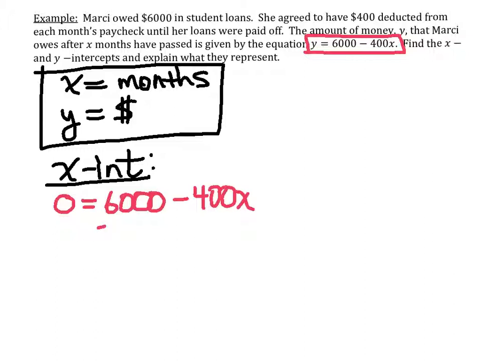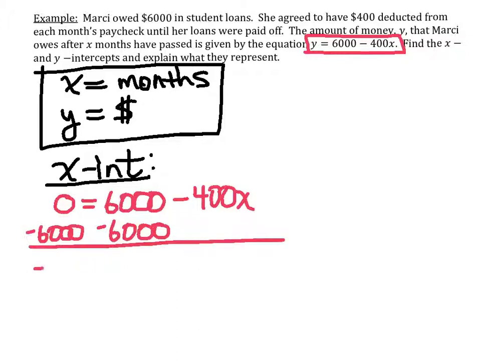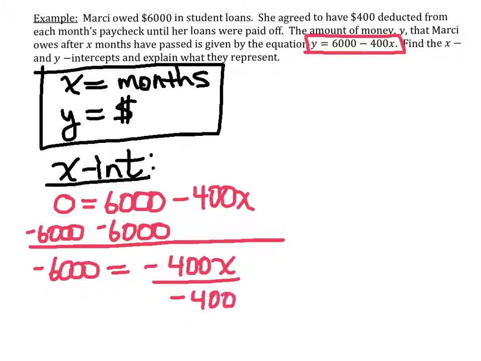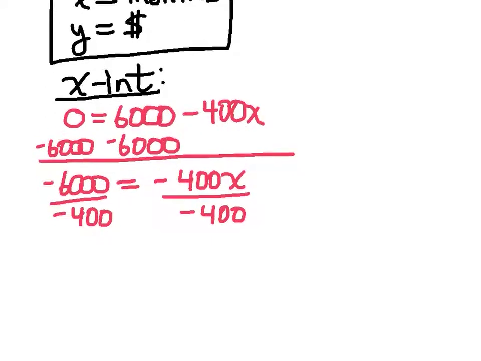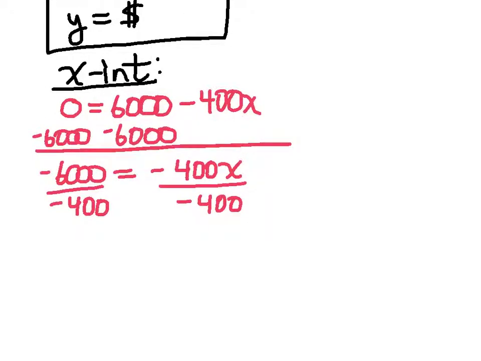So what I'm going to do first is I'm going to subtract 6,000 from both sides because I've got to get x on one side by itself. So I get negative 6,000 equals negative 400x. Well, I'm going to divide both sides by negative 400. And so when we simplify this, we're going to get that x equals 15.